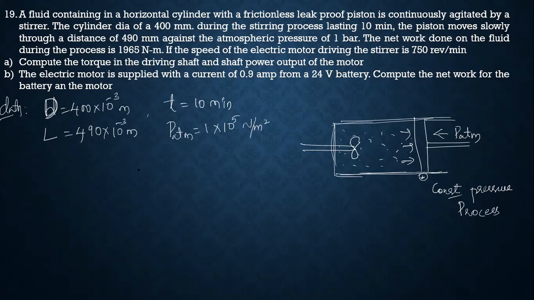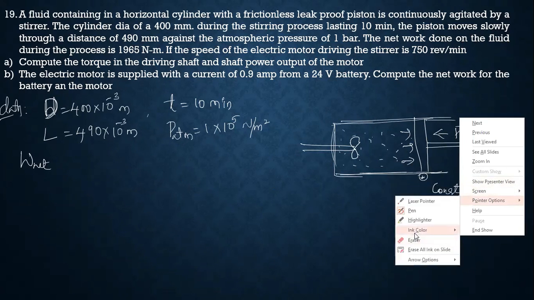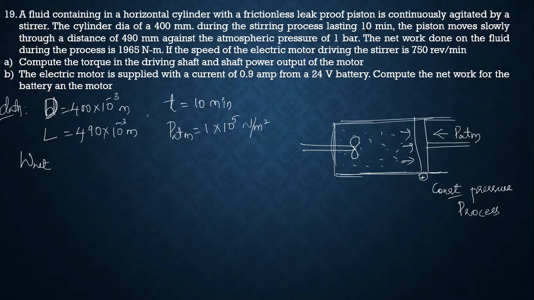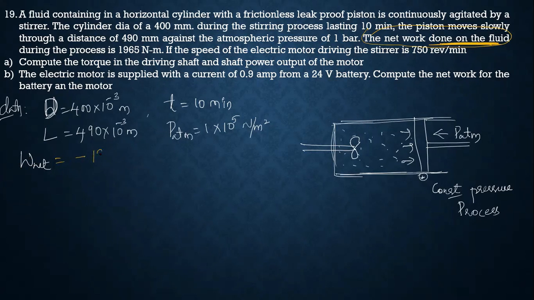The net work done on the fluid during the process, they have given. Net work done on the fluid, that is very, very important. Therefore, W net, which is on the fluid, with the minus sign convention for work done on the piston, is minus 1965 Newton meter.